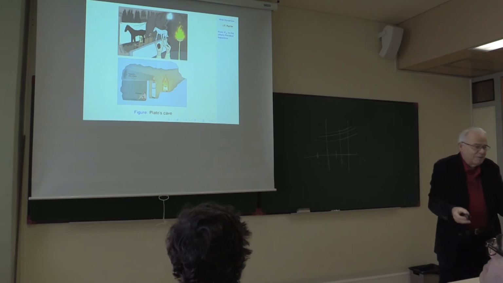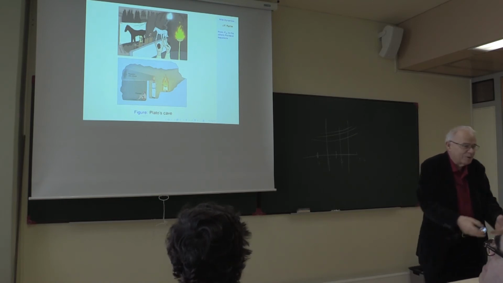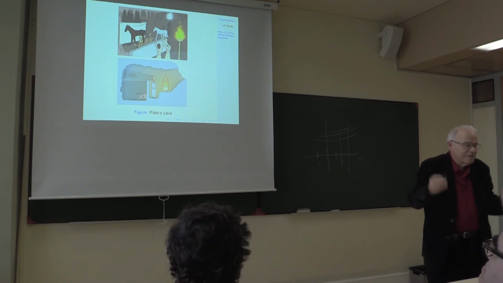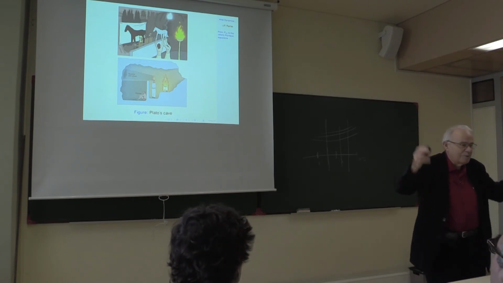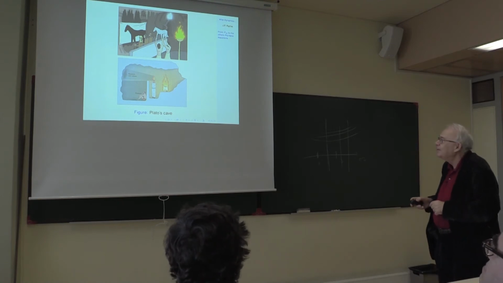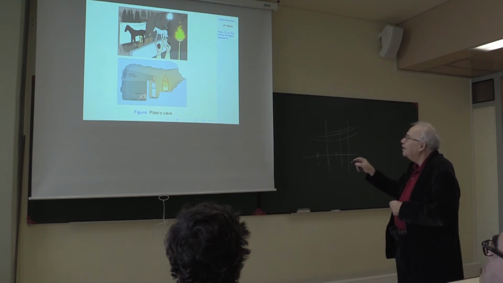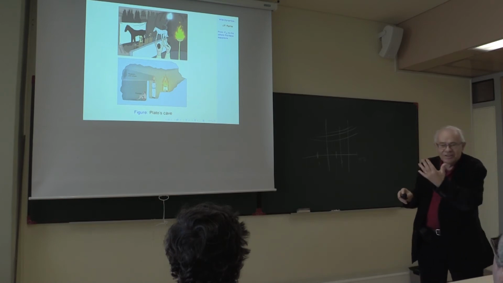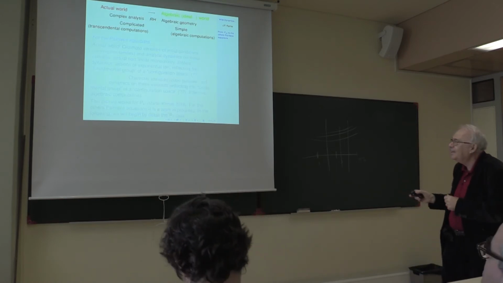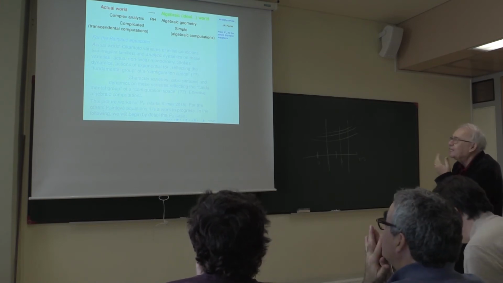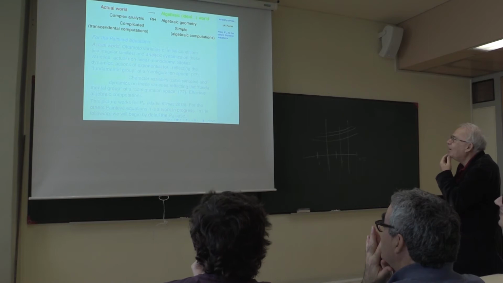So the idea is that it's similar to Plato's cave. We are living in the actual world, where everything is difficult. But this world reflects an ideal world. This is Plato's cave: we are the prisoners in the cavern, looking only at images of the ideal world. So we are living in the actual world, but there is an algebraic ideal world.